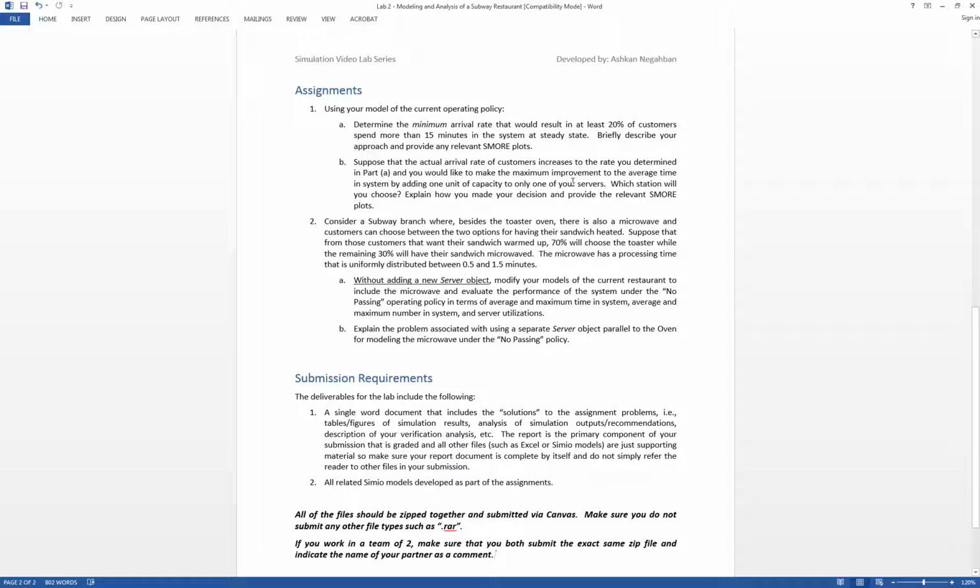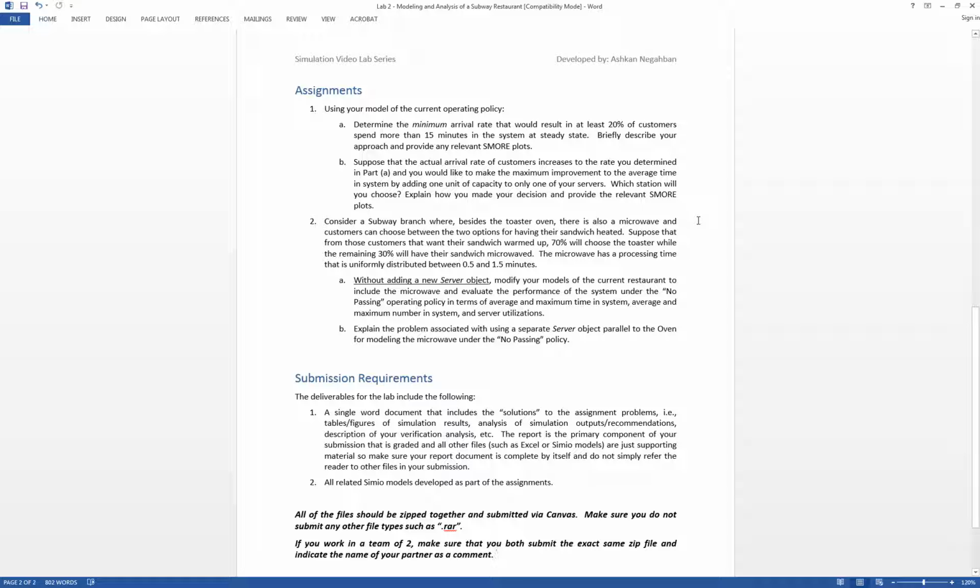So you want to choose a server that has the maximum effect on your output of interest, which is your time in system.